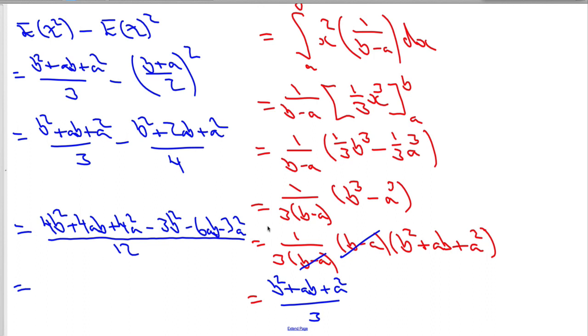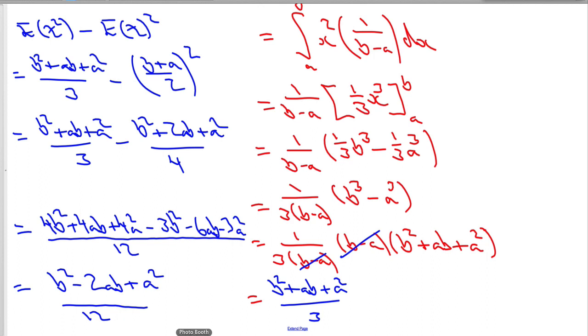Okay, let's gather together all of this. We got 4b squared minus 3b squared, which is b squared. 4ab minus 6ab is minus 2ab. And then 4a squared minus 3a squared is plus a squared. And that's all over 12.